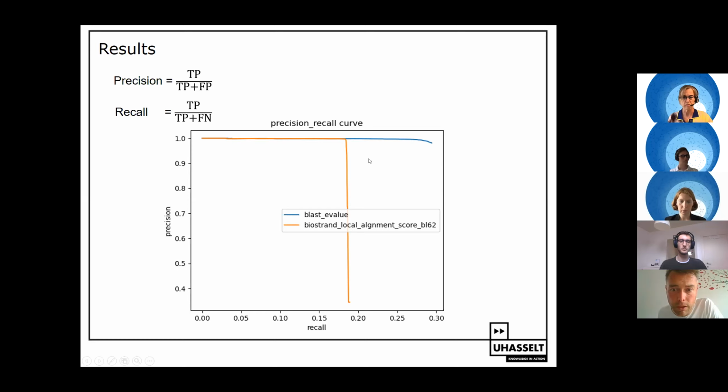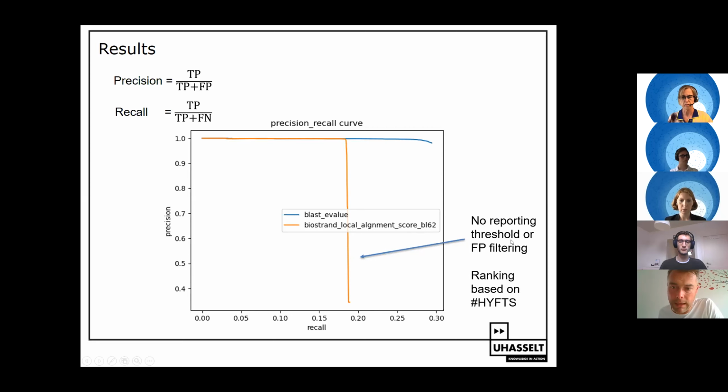You can see another thing: BLAST cuts off at a certain precision, while the BioStrand curve drops. There's a good reason for that. The BioStrand algorithm currently does not include a reporting threshold, or a filtering of the false positives.